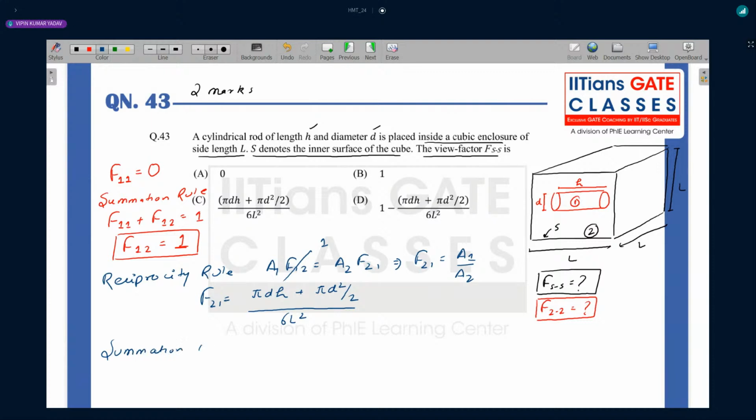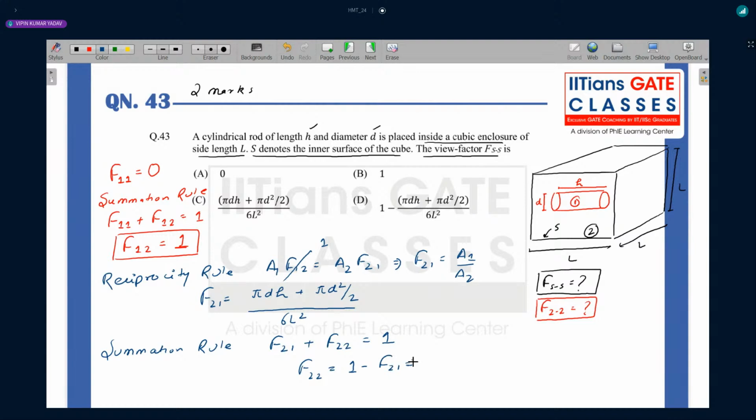Summation rule: F21 plus F22 is equal to 1. And F22 is what they are asking in the question, so F22 is 1 minus F21.